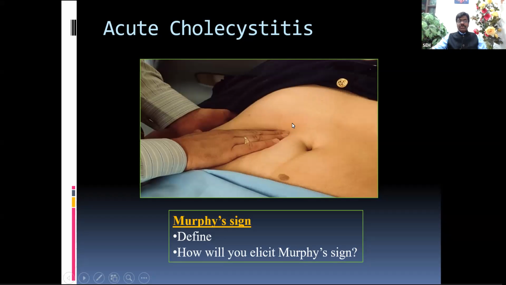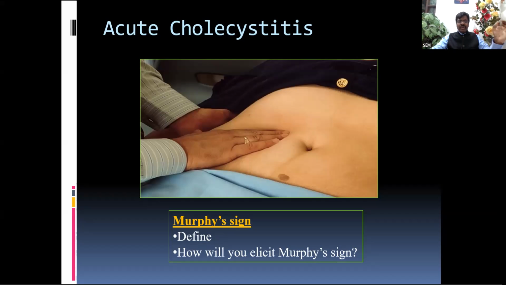So as soon as he takes a deep breath, he catches his breath. He winces with pain or cries with pain. It hurts, doctor. Whenever I breathe in, your finger touches something in my body and it gives me pain. So pain on deep inspiration, or at the peak of the inspiration, that is the zenith of the inspiration, is called Murphy's sign.